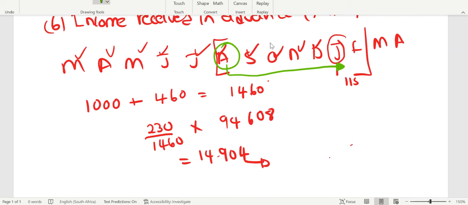So it was only supposed to cover August, September, October, November, December, January, February, meaning it was supposed to cover 1, 2, 3, 4, 5, 6, 7 months, but this covered 12 months. So if we say 12 minus 7, we'll be left with 5, and then this 5 will be prepaid.